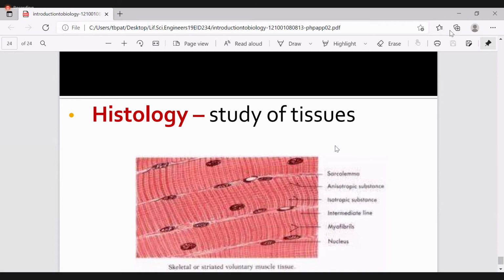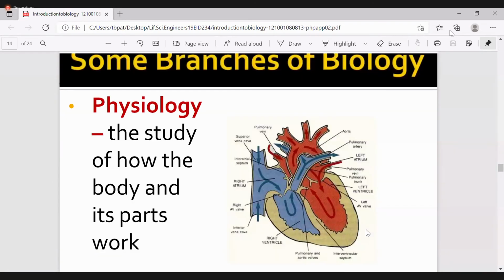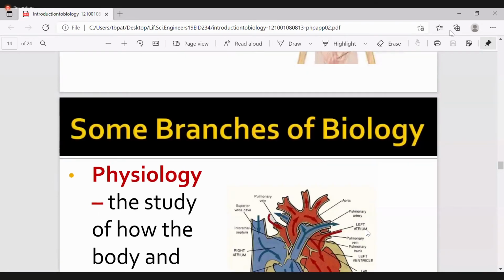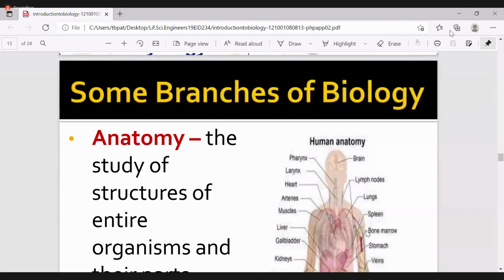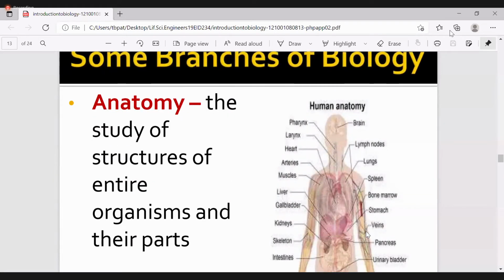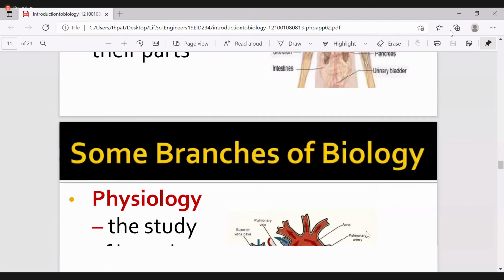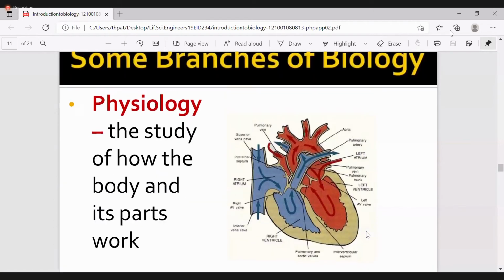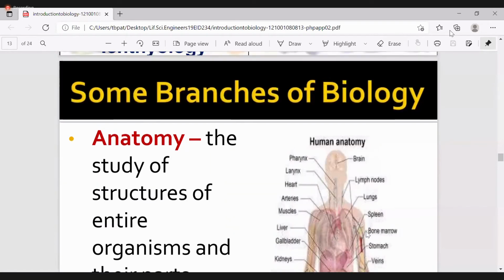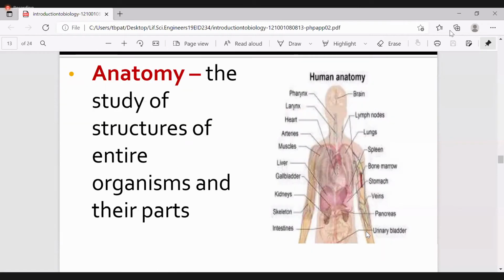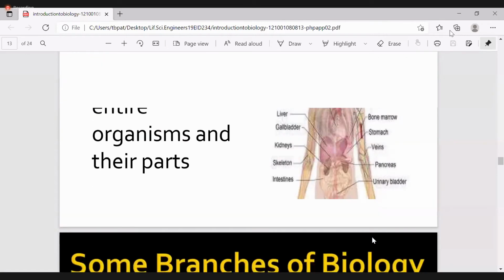Pathology, ecology. These are all branches, and another pair is physiology and anatomy. One is the structure and the other is the function. Structure or shape is anatomy, and function is physiology.